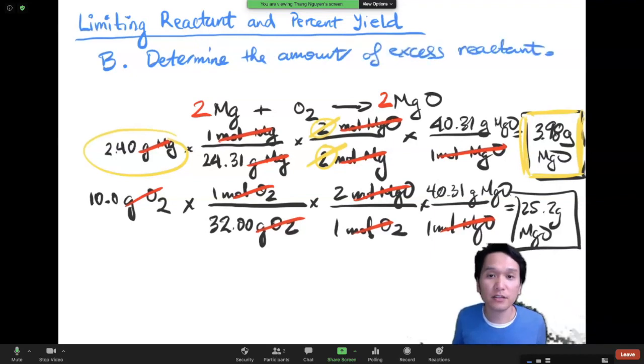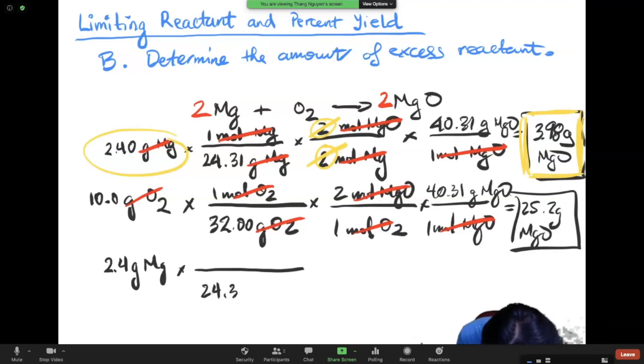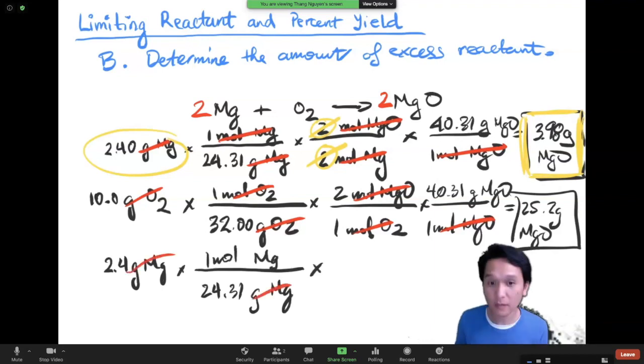Part B is asking us to determine the amount of excess reactant. Again, we already know which one is your excess reactant. It is the oxygen. So we need to know how much oxygen was used. Again, to find out how much oxygen we used, we will start with how much magnesium we reacted. This time though, instead of going all the way to the relationship with magnesium oxide, you need to go to the amount of oxygen.